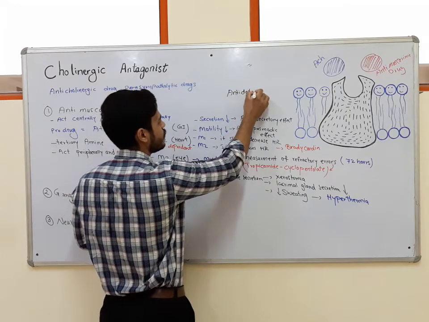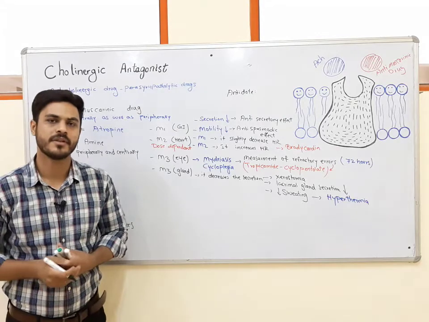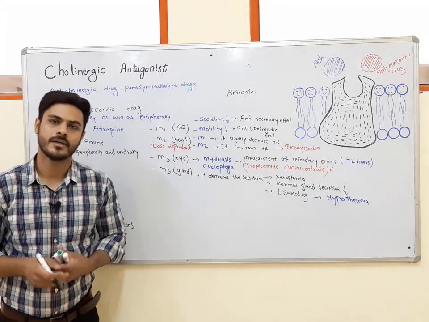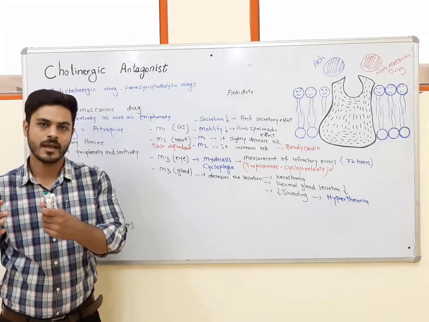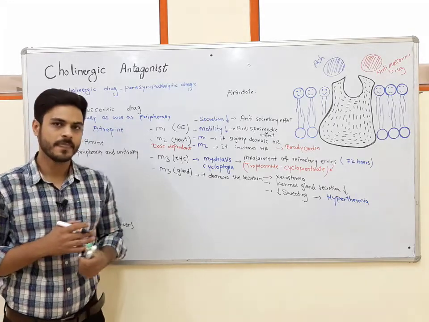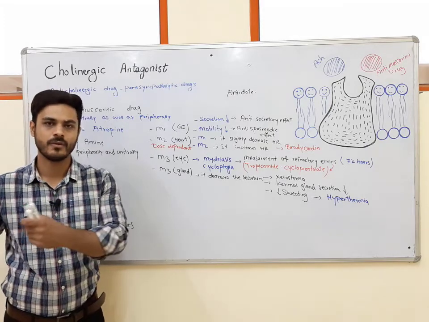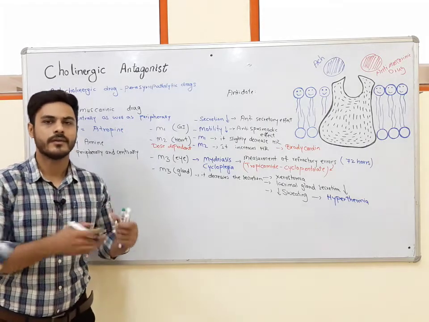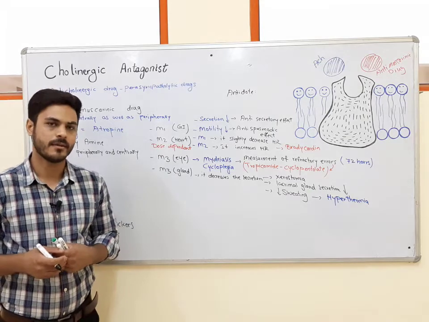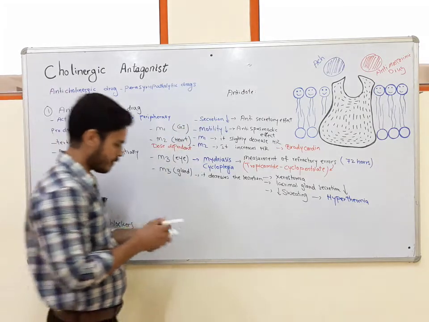Antidote. Do you remember we talked about acetylcholinesterase inhibitors? We talked about the drugs which can inhibit reversibly and irreversibly. If any toxicity happens with irreversible or reversible acetylcholinesterase inhibitor, we can give atropine as an antidote.